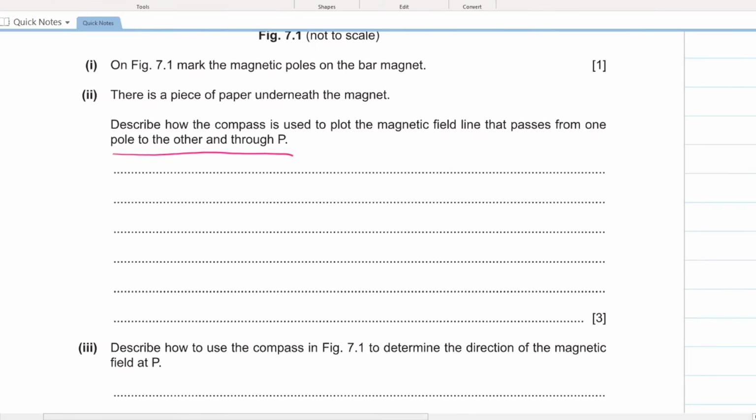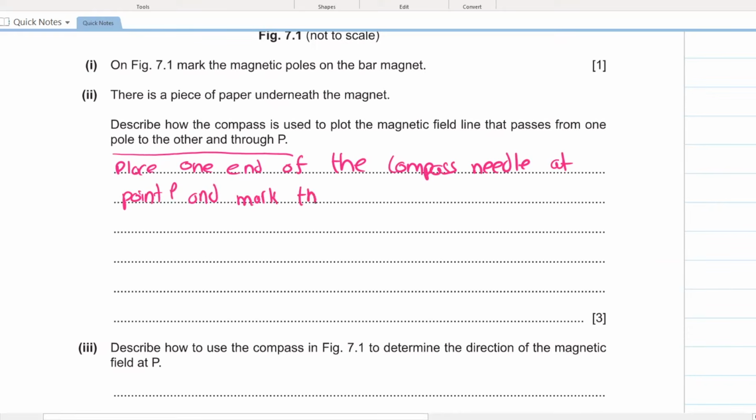Now, what do I mean by that? You will first of all say, place one end of the compass needle at, let's say, point P, and mark the position of the needle.